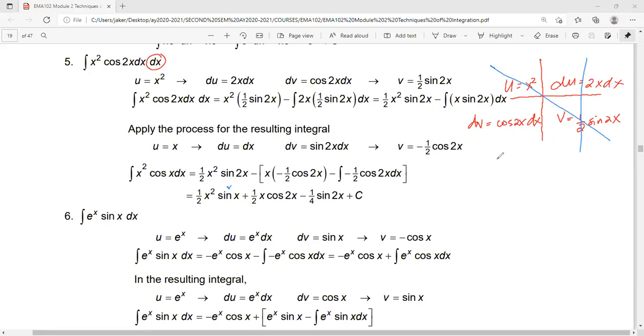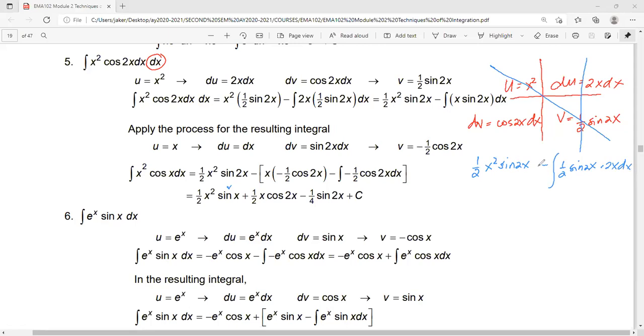So your integral here, I'll write first the answer. So you have 1/2 x squared sine of 2x minus the integral of 1/2 sine of 2x times 2x dx.